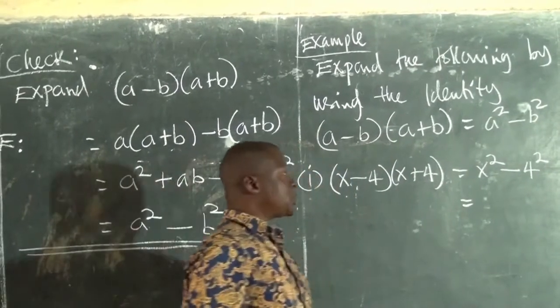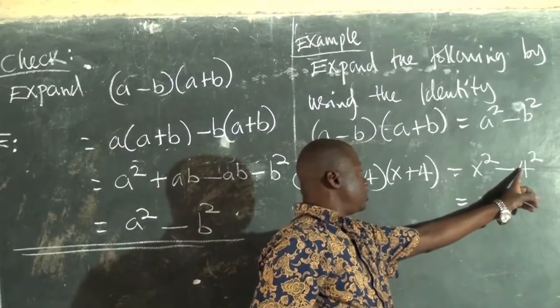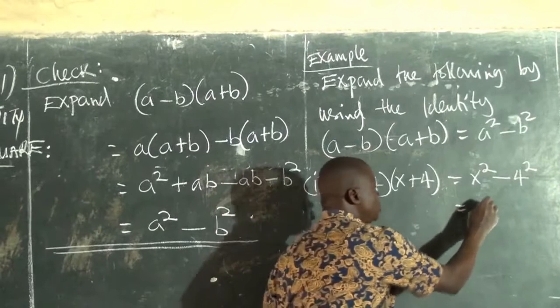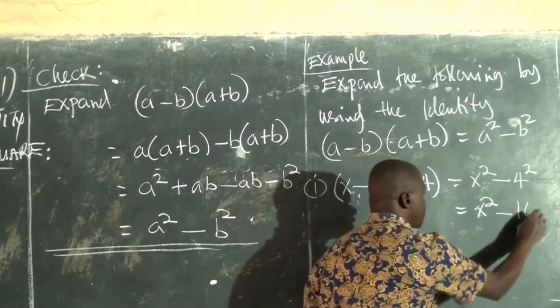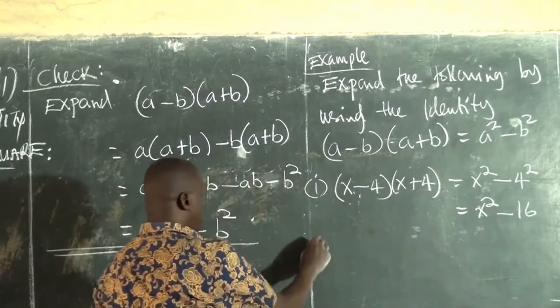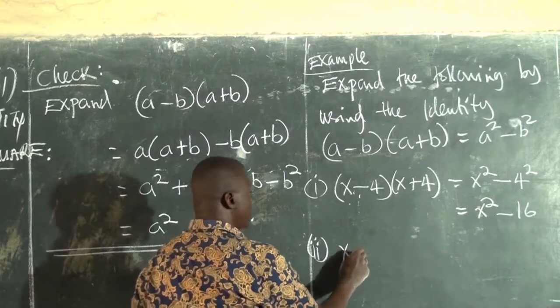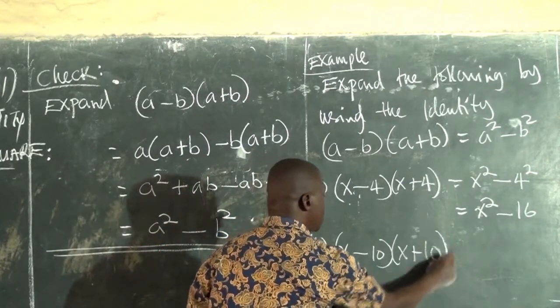But what is 4 squared? Remember, we are squaring only 4, but we are leaving out the negative. So the answer is supposed to be x squared minus 16. Another case, we have x minus 10, then x plus 10.